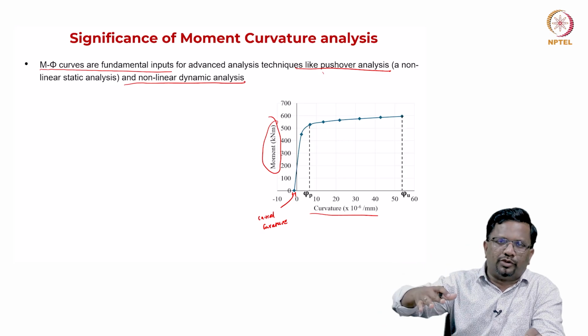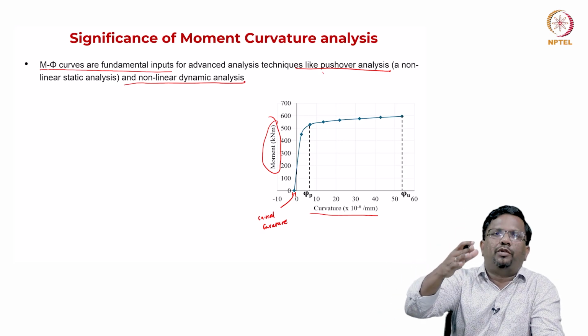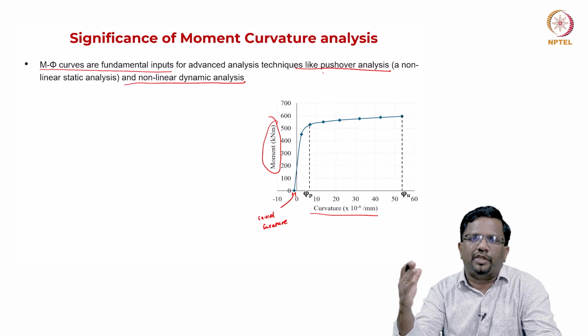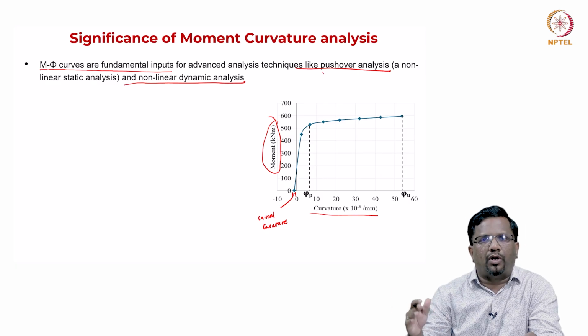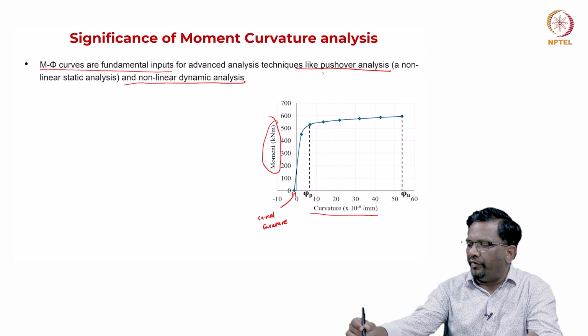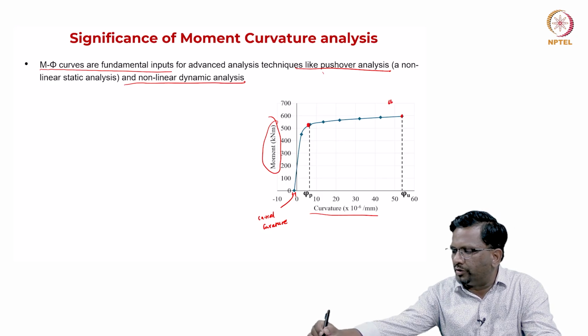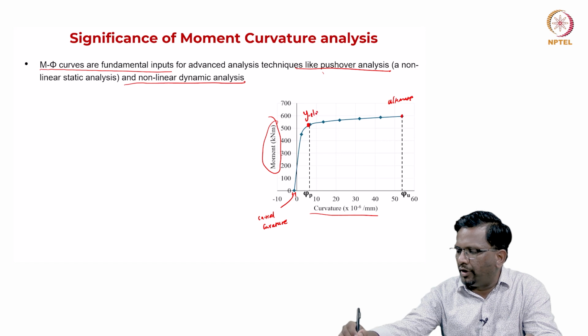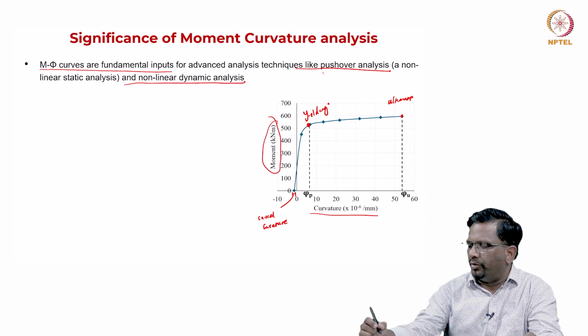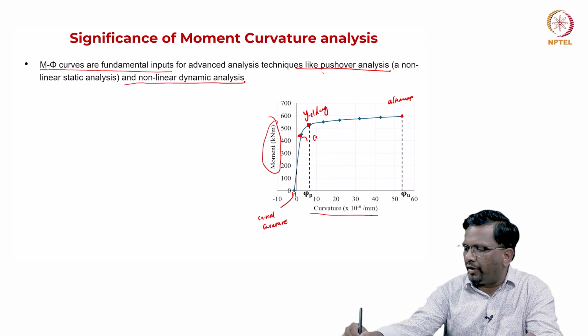Then when the external load starts applied, the curvature will become from negative to positive with increase in the amount of applied load or moment. Then you have yielding somewhere here and then you have ultimate. So, this is ultimate and this is somewhere you can say yielding, right, and you also have somewhere here cracking.